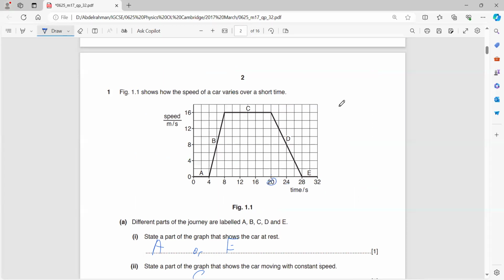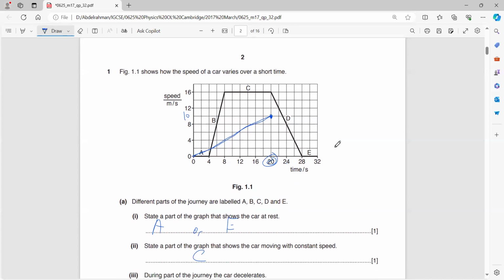After 20 seconds, it reaches a speed of 10. Where's 10? At this point. What should I do? I should draw a straight line from 0, 0 all the way to 20 seconds and 10 meters per second. That's all you need to draw.